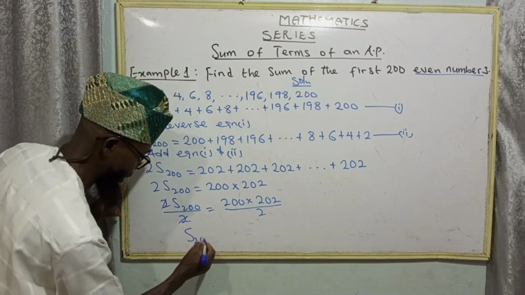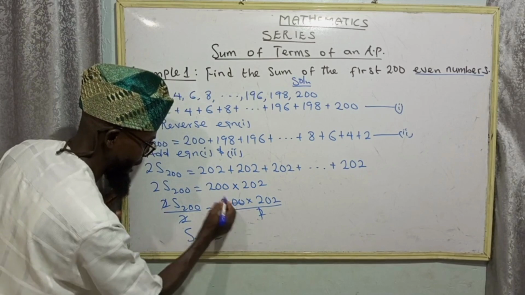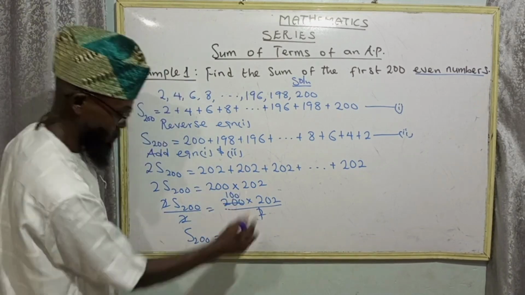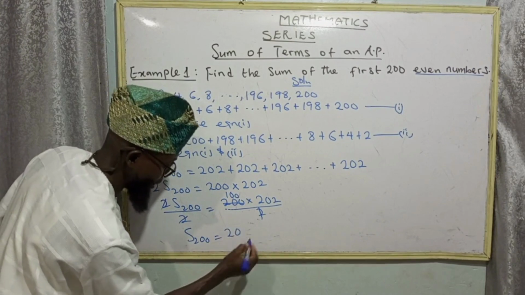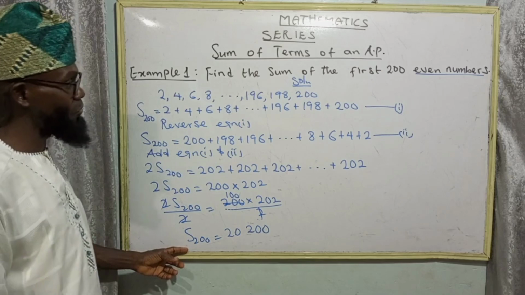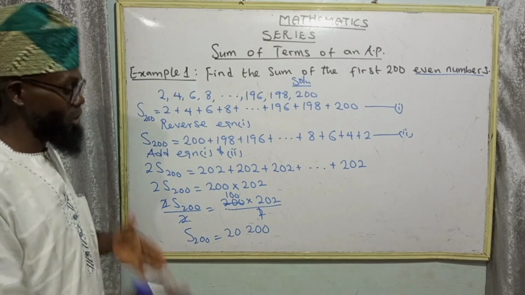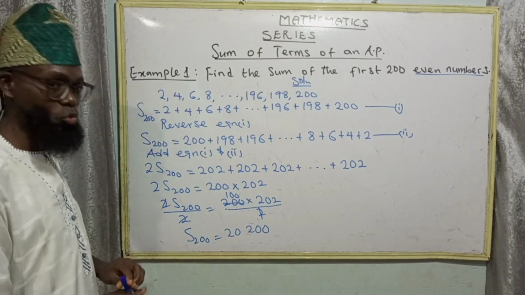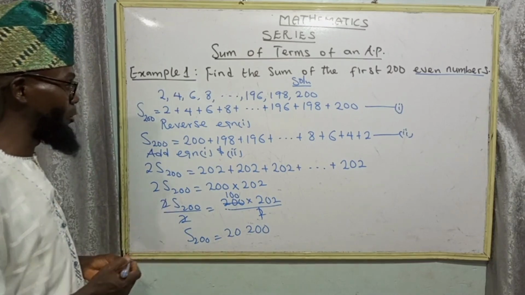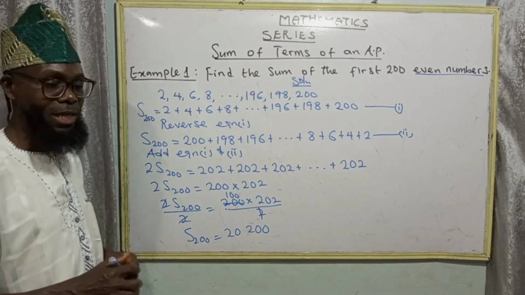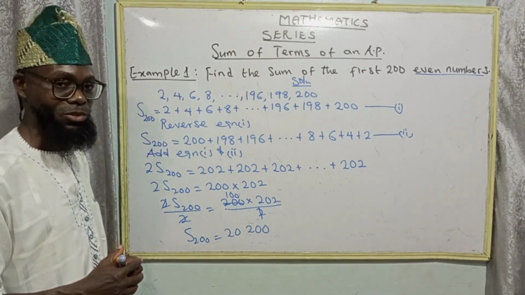We have S200 equals 100 times 202. So when we multiply, we have 20,200. So the sum of the first 200 even numbers is 20,200. So this will now be useful for us to get the sum of an arithmetic progression.